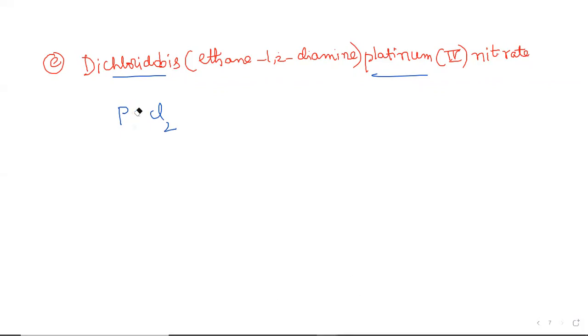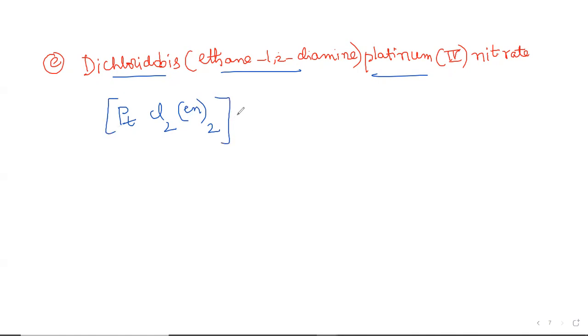I'll give it a Pt, small t. Okay. And en means ethylene diamine. Bis means there are 2 of them. So a total of 5 coordinations completed, and this entire thing makes 6 coordinations completed.